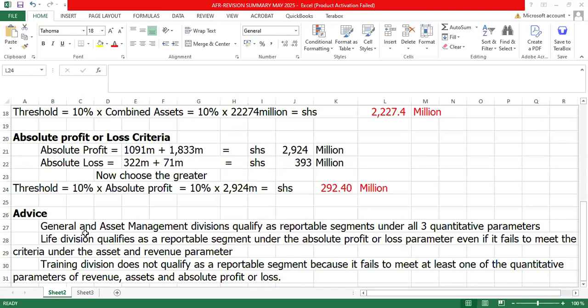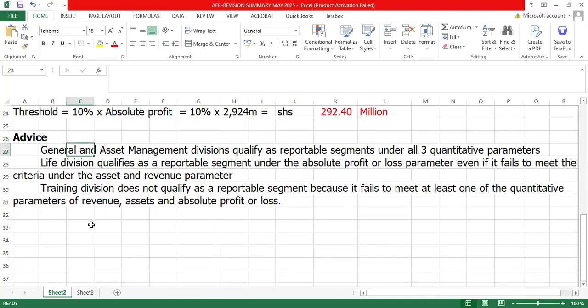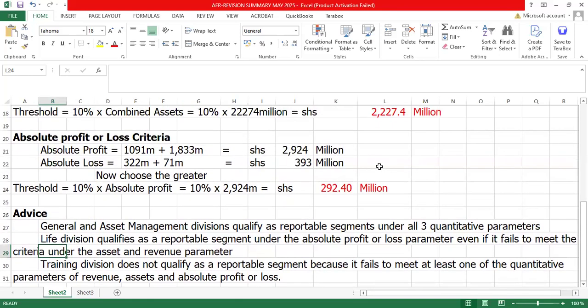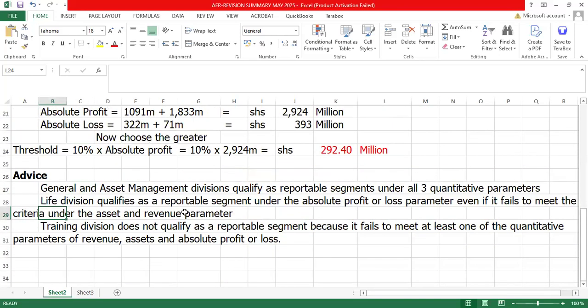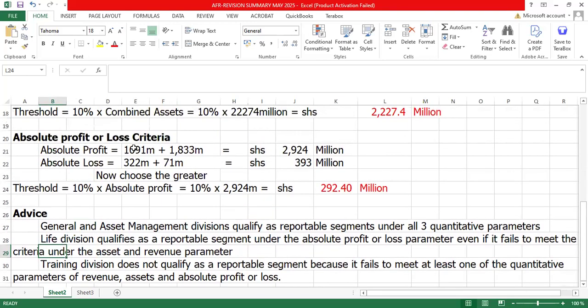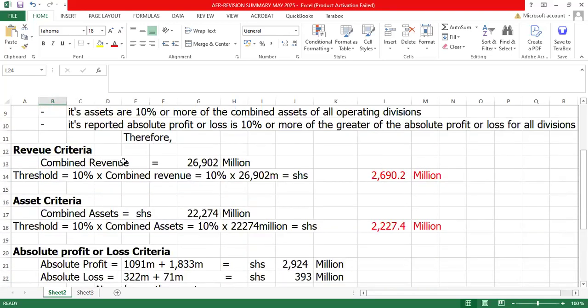Maybe another thing you can talk about here is you may bring in figures as you advise. Maybe when you say general and asset management divisions qualify as a reportable segment under all the three quantitative parameters since they are above the threshold. As you advise, you may bring in the figures.